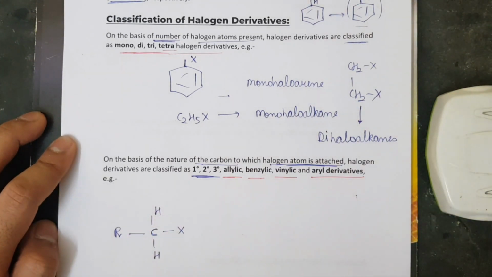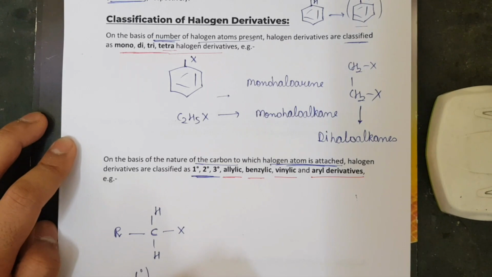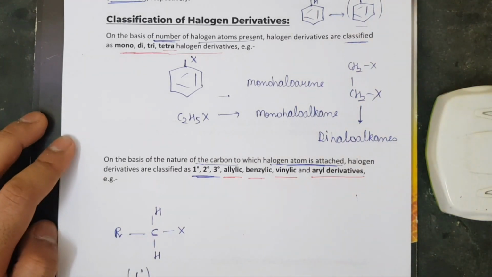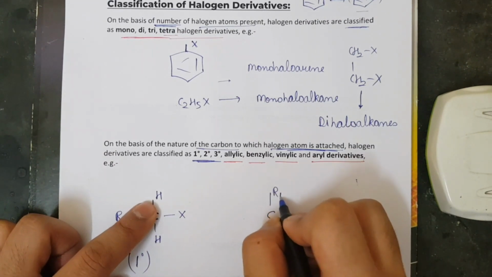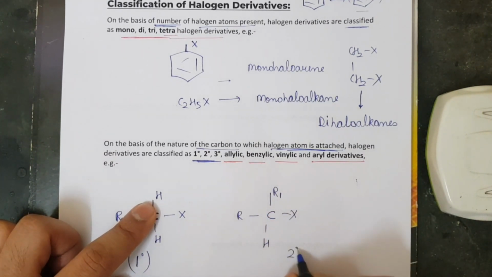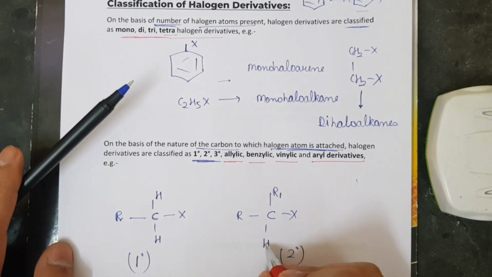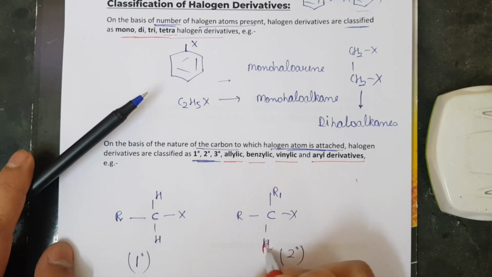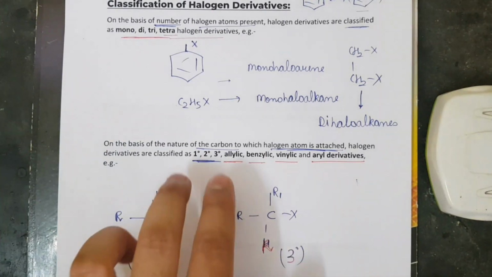Let me say R is some CH3, C2H5, whatever. So this type of halogen compound would be known as the 1 degree. Similarly, if I replace one of the hydrogens with some R1, here we have R, H, X, this would be known as a secondary or a 2 degree. Similarly, if I replace the third hydrogen by another R, then this would be known as a 3 degree. So the first point is clear.